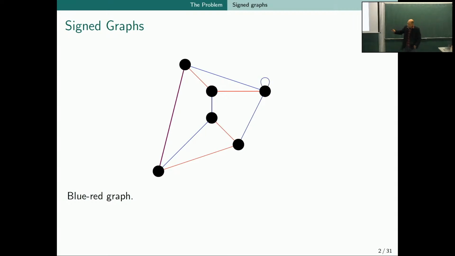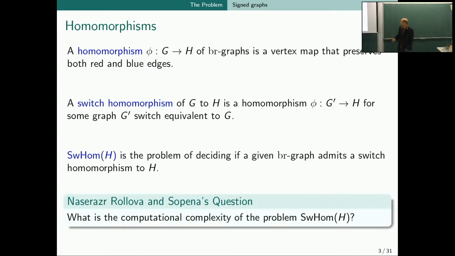And we're going to allow an edge to be red and blue at the same time. Right? And so if it's red and blue, I'm going to draw it as purple. Because, yeah, I guess you know why. Right. Red and blue make purple. Even my daughter could answer that one. Okay, so, right, this is enough about signed graphs.